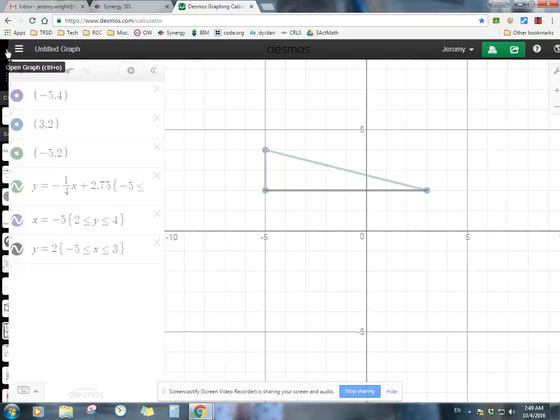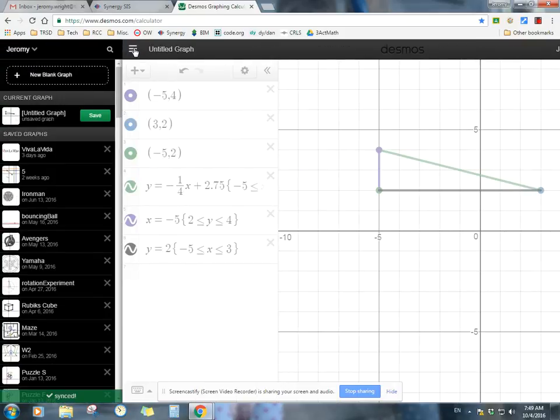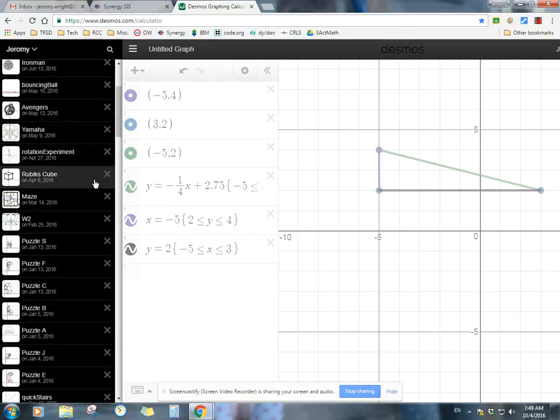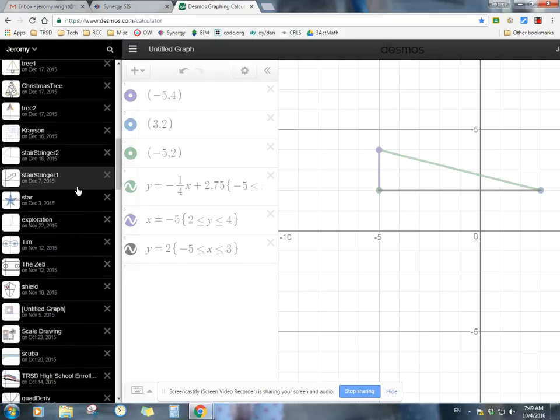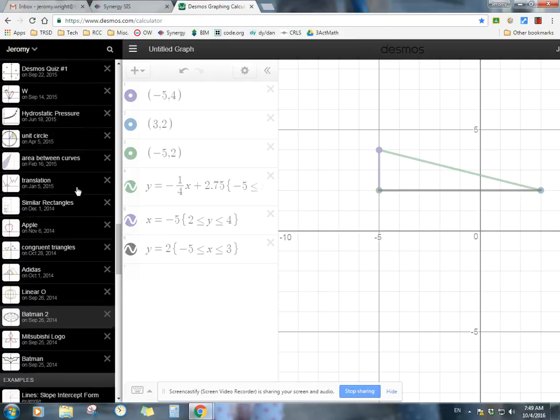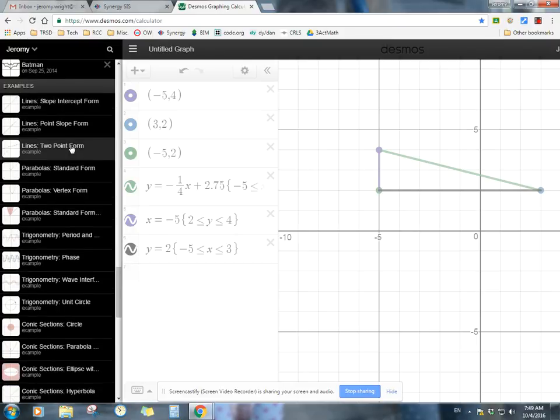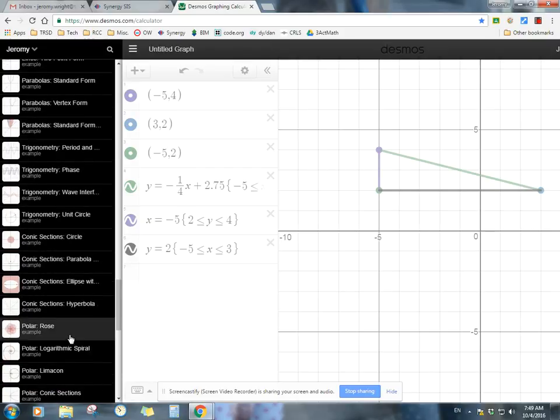Also, there's a menu on the left here. If you click the 3 horizontal bars, you can see in here, these are all the different kinds of graphs that I've saved, and it goes down quite a ways. But below those, there are some preloaded graphs that you can click on as well, to help you out.